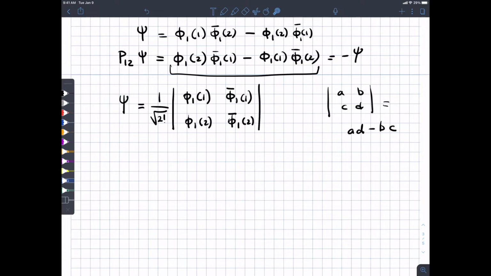Notice that in this column I have phi 1, and I have electron 1 in phi 1, and then electron 2 in phi 1. So this column literally represents the fact that I can't say whether electron 1 or electron 2 is in phi 1. I know overall phi 1 contains the amount of charge for one electron, but I'm saying that electrons 1 and 2 contribute evenly to that orbital. Similarly with phi 1 with the bar.